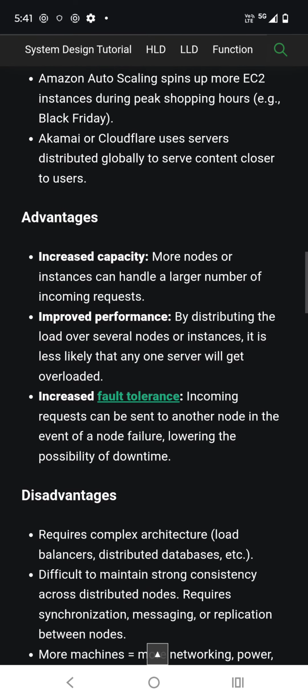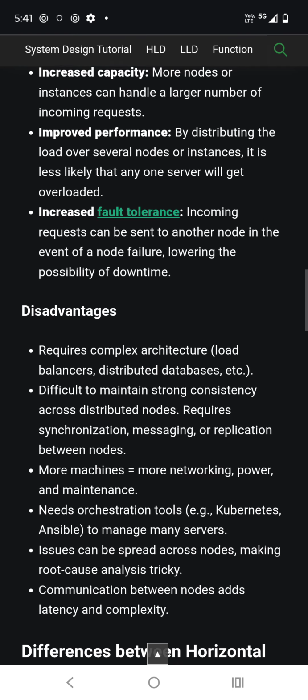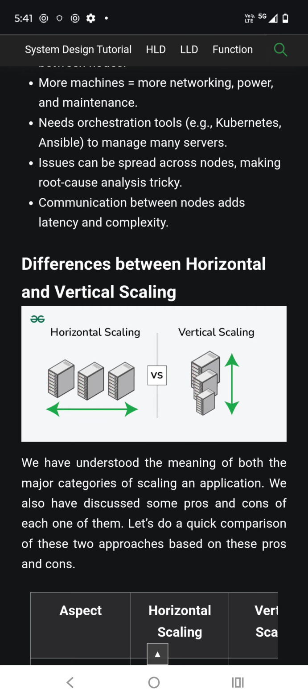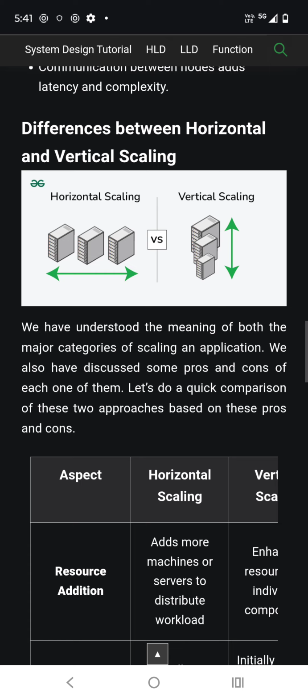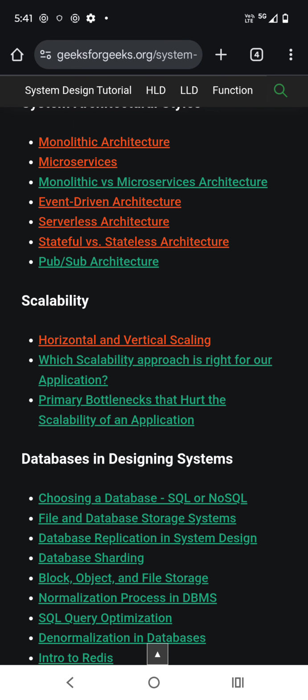It is a complex architecture. You need to have a load balancer and distributed databases, and you need to maintain them. Both have their uses and problems. Depending on the requirement, you can choose the respective architecture. Okay, that is about horizontal scaling and vertical scaling.